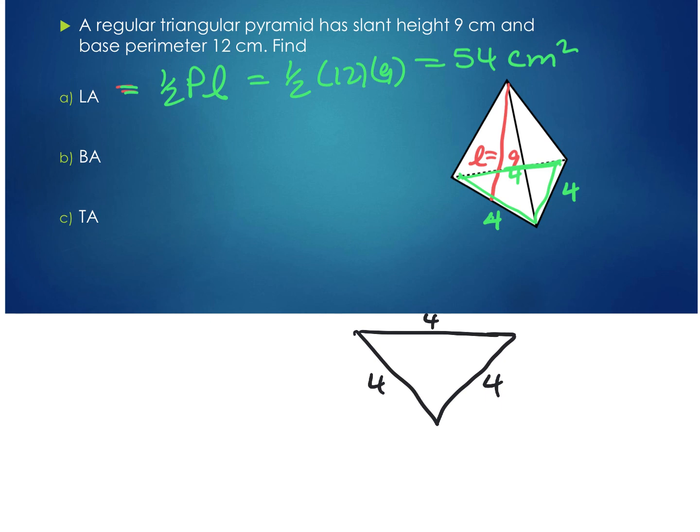Now, as soon as I draw in my altitude, remember in an equilateral triangle, all 3 angles are 60. So now, as soon as I split this by drawing in the altitude, it turns it into a 30, 60, 90.